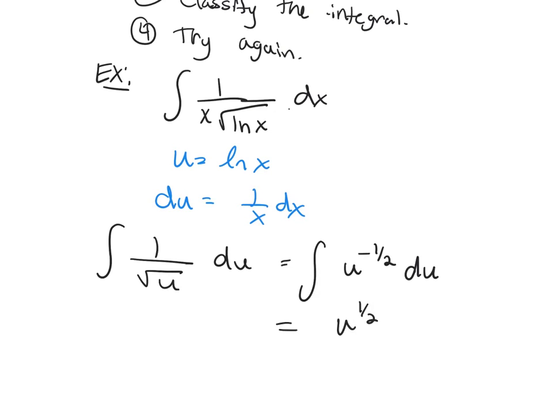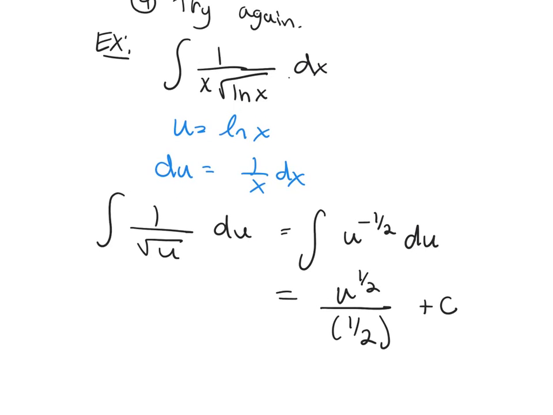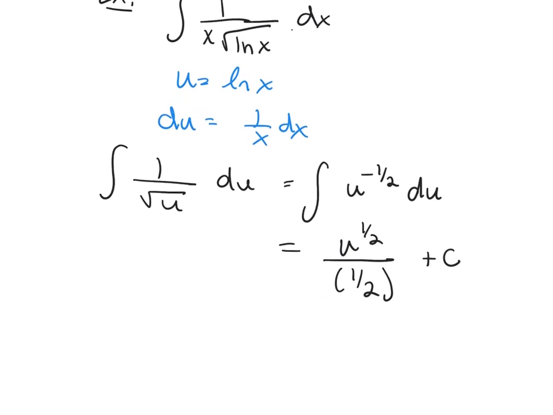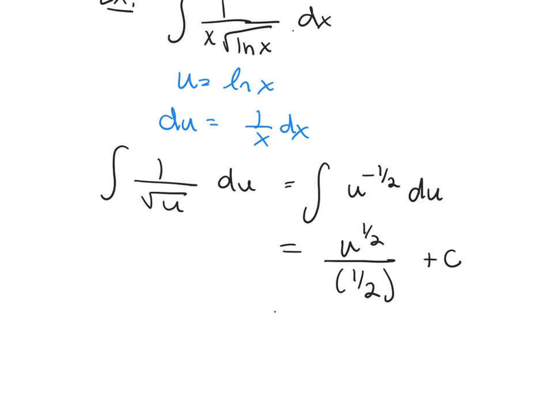So I get u to the 1/2 divided by 1/2 plus c. So when you divide by a fraction, you flip it, right? So I'm going to get 2, and then I'm going to replace u by ln x, square root ln x plus c. Okay? And again, that's my answer.